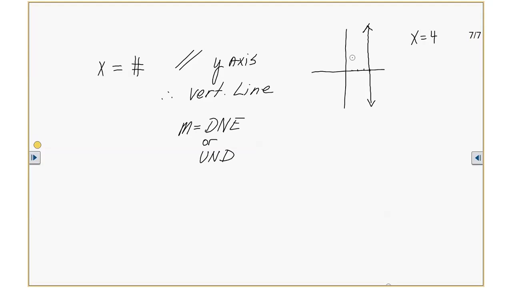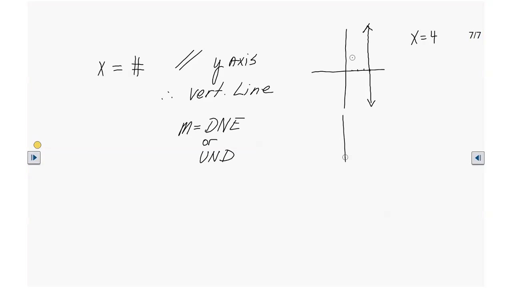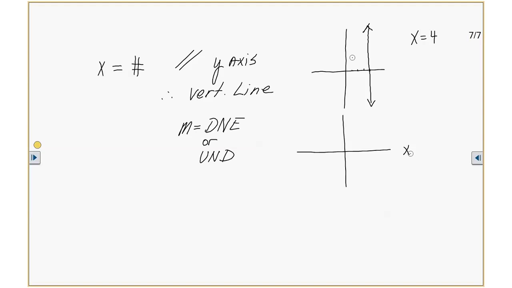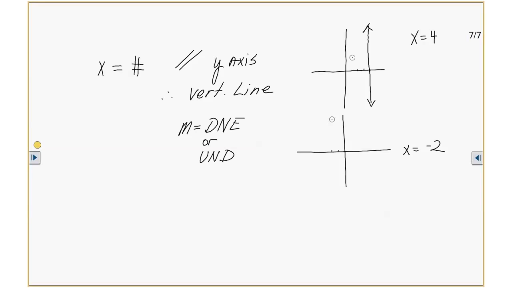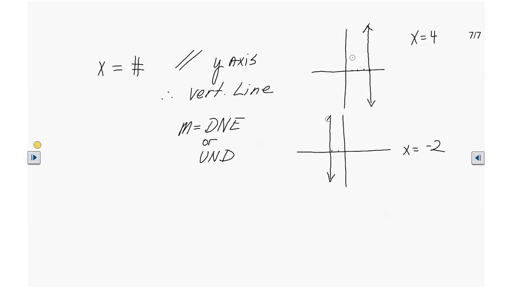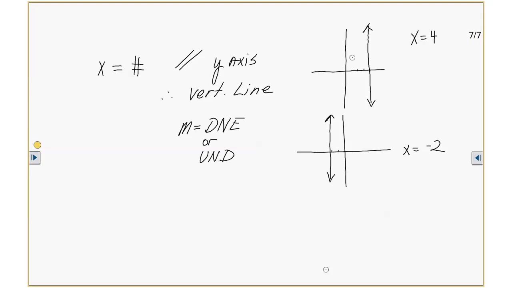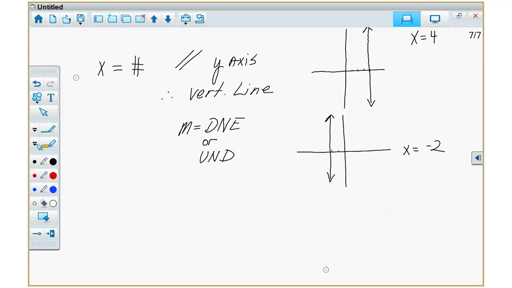Another example: X is equal to -2. That is a vertical line. Now, a lot of people say, well, what's the difference between that and what you've been showing us? Well, first of all, the first things I showed you were all in terms of what? Y. This says X.